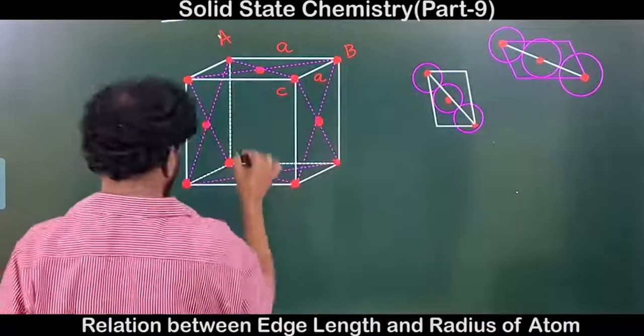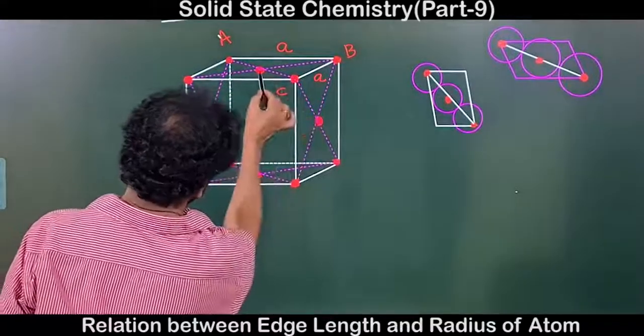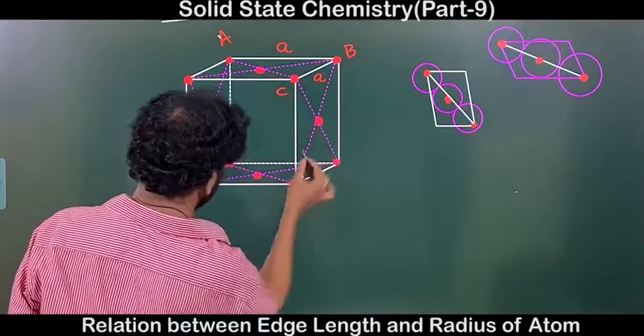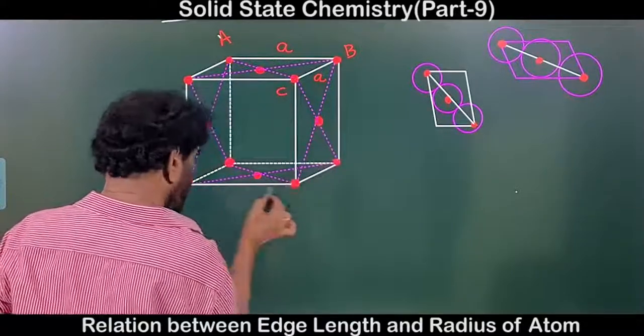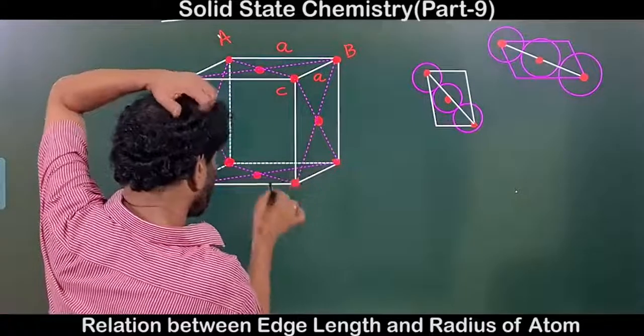This is one face, this is the face center, this is the second face, this is the face center, this is the third face, this is the face center, this is the fourth face down, this is the face center.